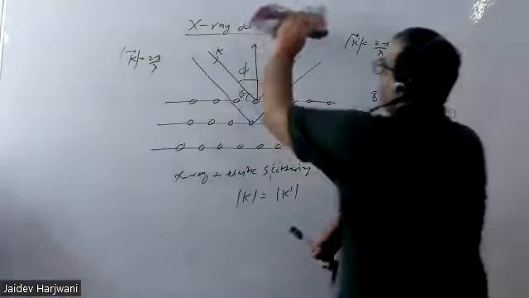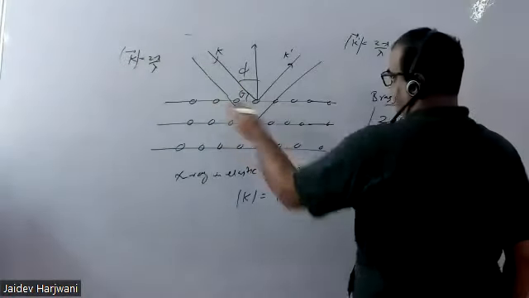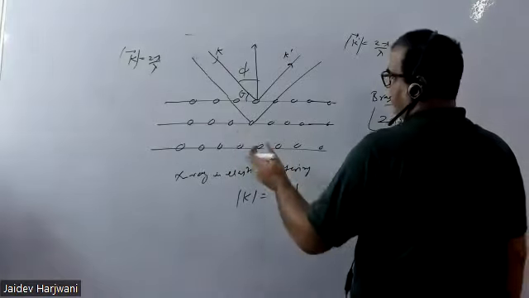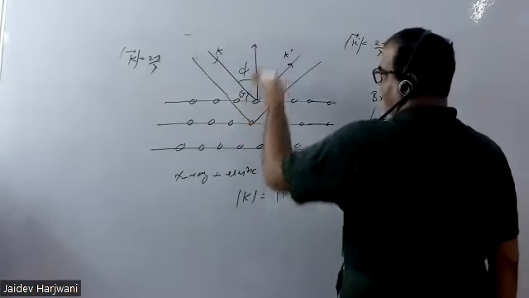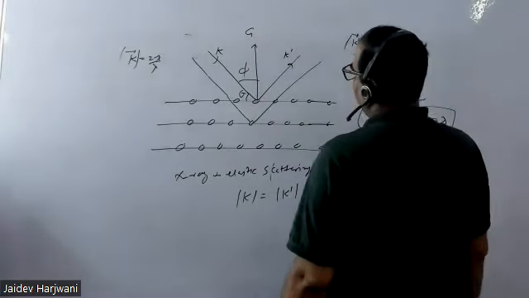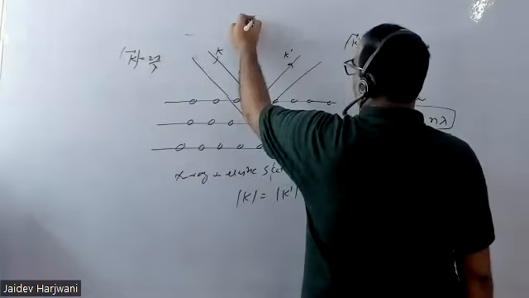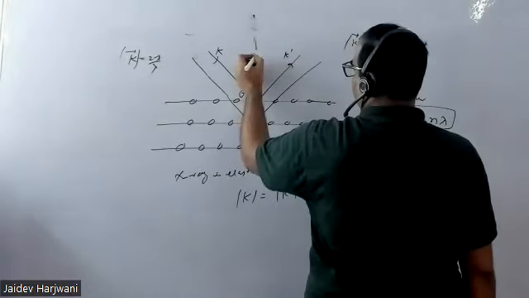If I say these are the planes, the vector perpendicular to this plane is called the reciprocal lattice vector.